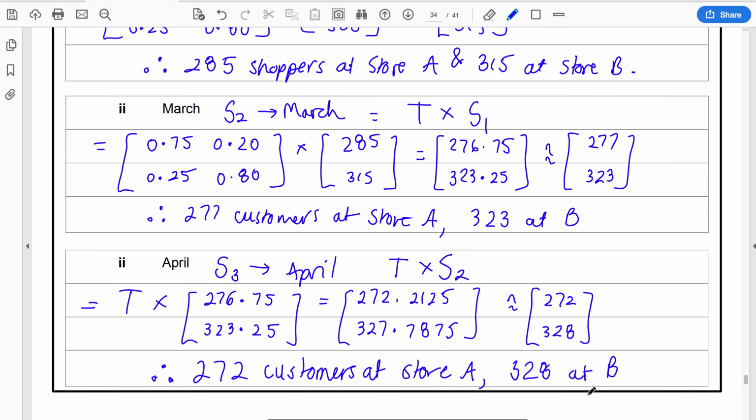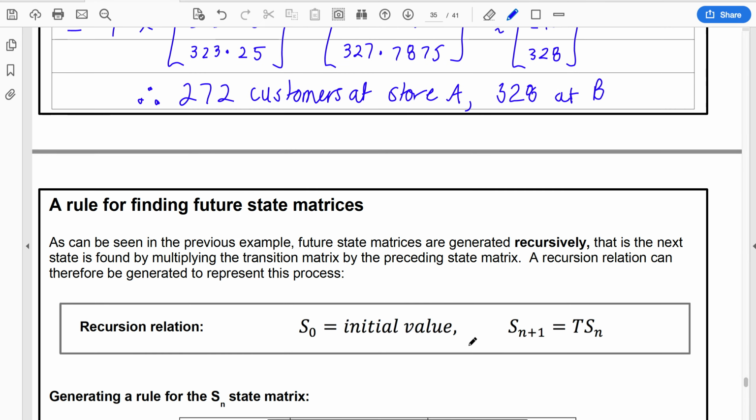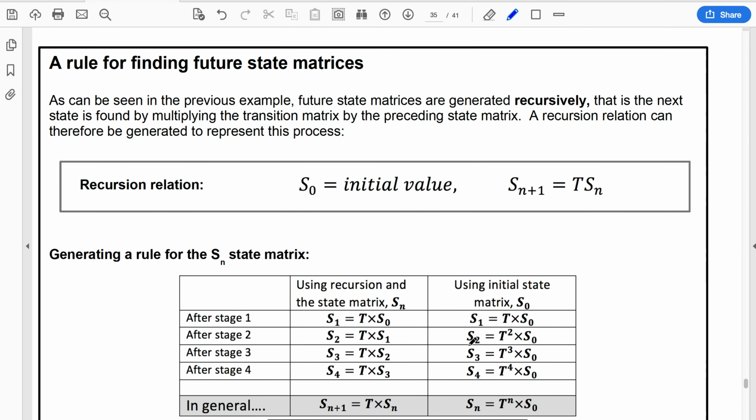Okay, so I might pause it there. You can look ahead, because if I just show you here, what we were doing was recursion. We did recursion when we did the finance module. So you'll see I've got a recursion relation here where we start off with our initial value, our initial state matrix. We call that S0. And to get your next matrix, S(n+1), you multiply by the transition matrix.